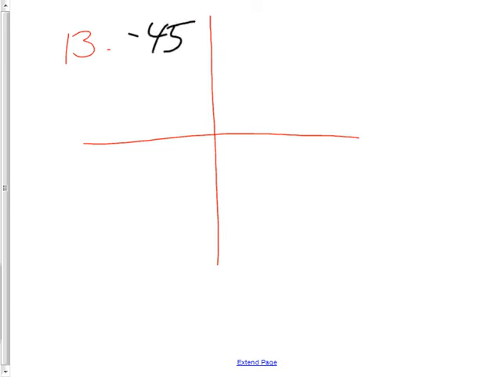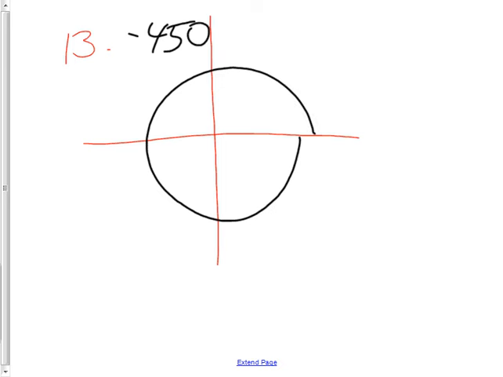So going this way is negative. Here's negative 360, and then I need to go another 90. So negative 450 is just like going down there, which is the same exact thing as 3 pi over 2, or 270.